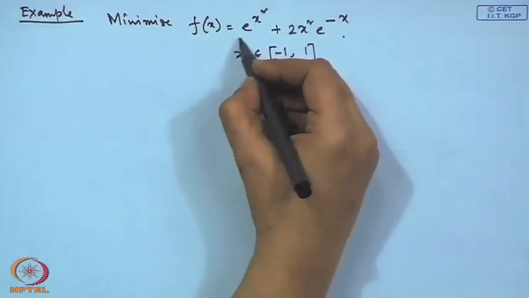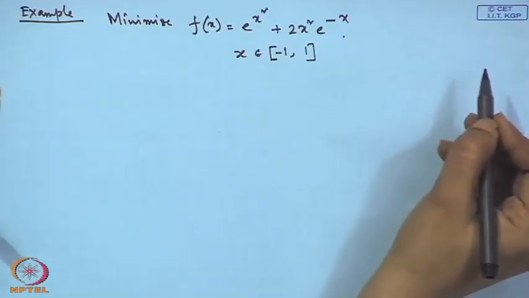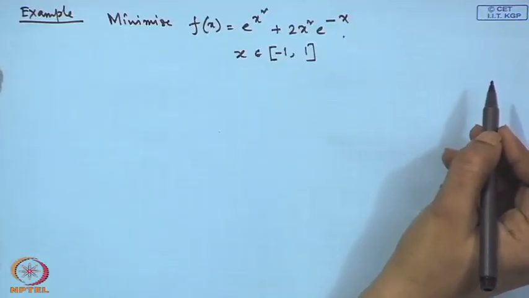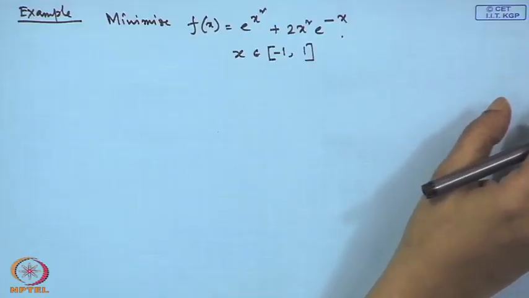As we see, the function involves an exponential function. We can go for other techniques as well for getting the optimal solution, but if we apply the quadratic interpolation technique, it has been seen that it is much more efficient than the Fibonacci golden search technique, as I discussed before, and its convergence is very quick, much faster than other methods.